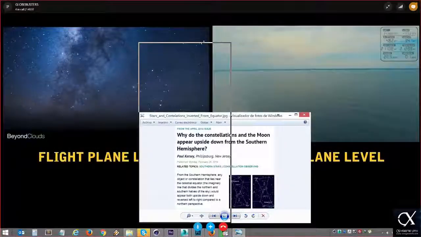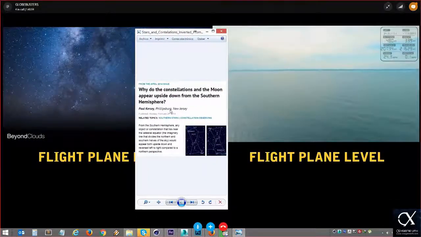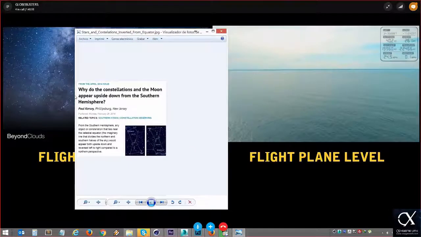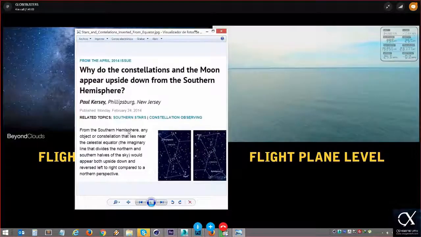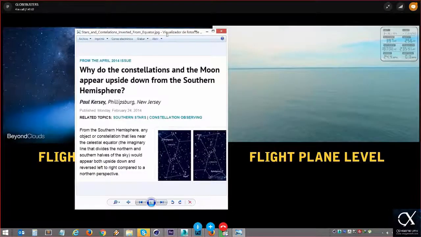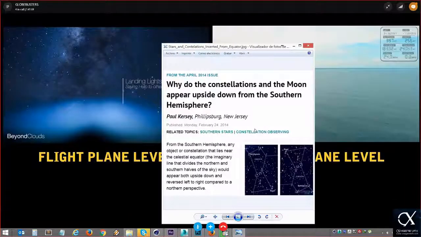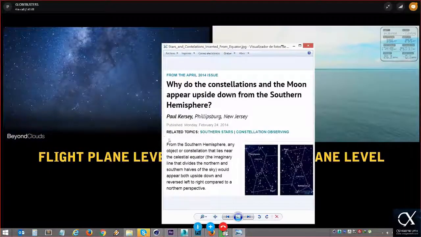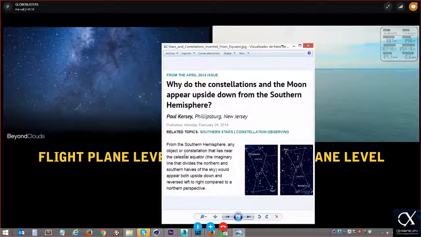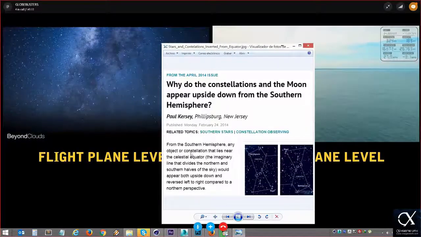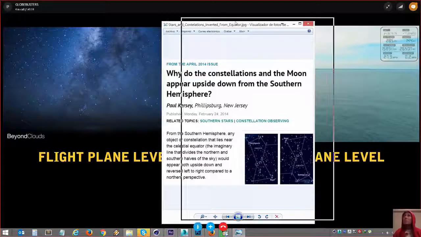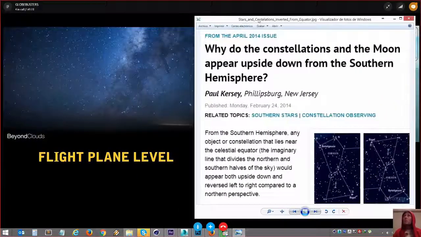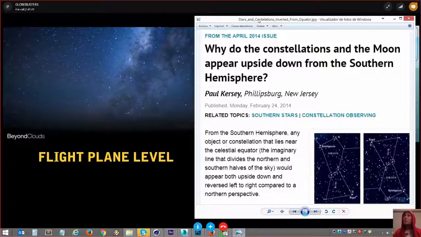For the heliocentric model, they tell us that when you are in the southern hemisphere, you see the constellations inverted. Right. You're changing your orientation: in the north we're looking south, and in the south we're looking north, so it's flipped around.